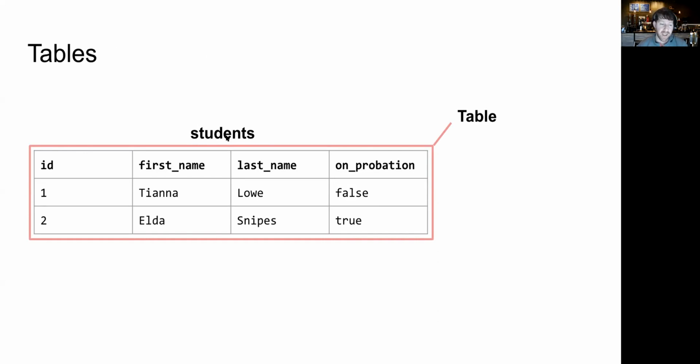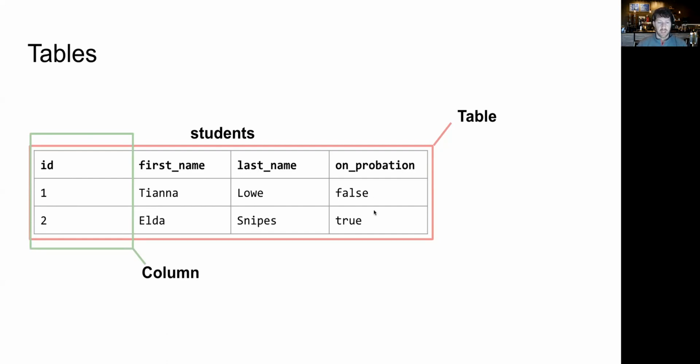Each table also has columns, at least one, probably at least two, and in reality probably at least three. These columns are unique fields of the type of data that's going to be stored. So here we have ID, first name, last name, and probation, with values like 1, 2, Tiana, Elda, Lo, Snipes, false, true.